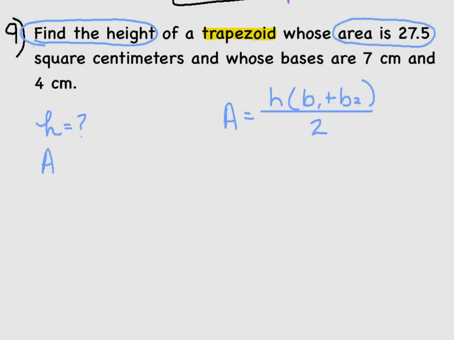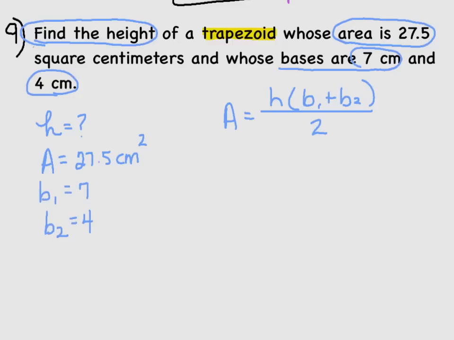And the bases are 7 and 4. Base 1 is 7 and base 2 is 4. So we have everything we need except the height.